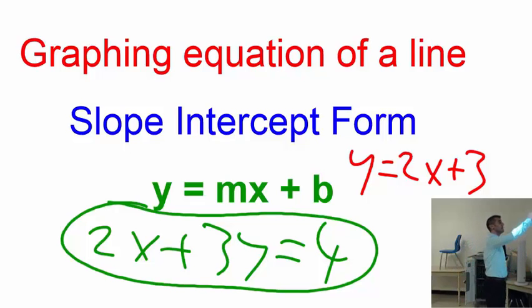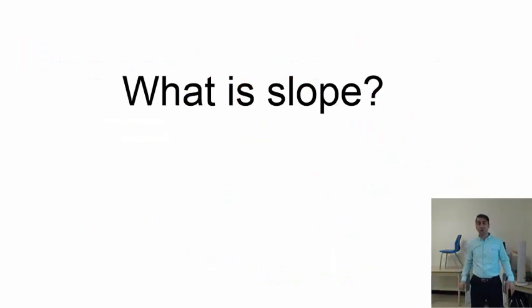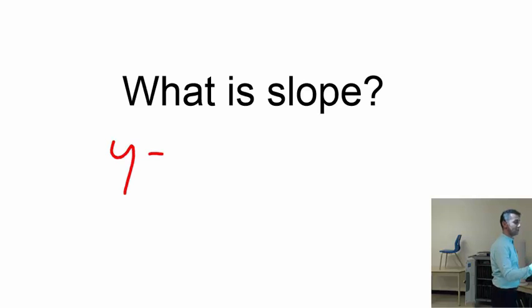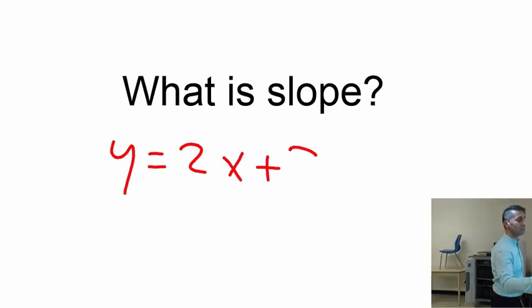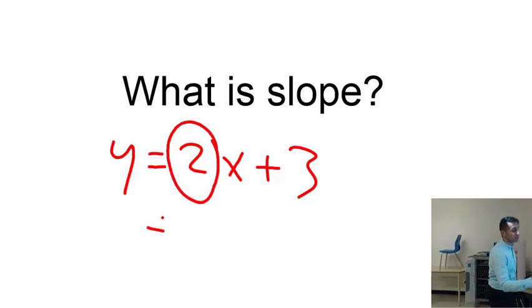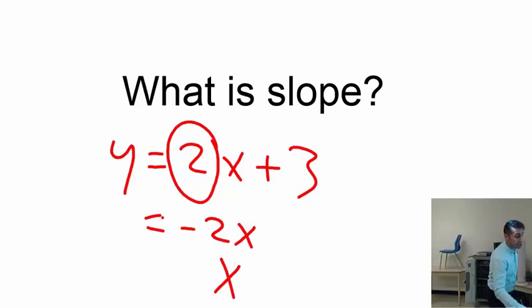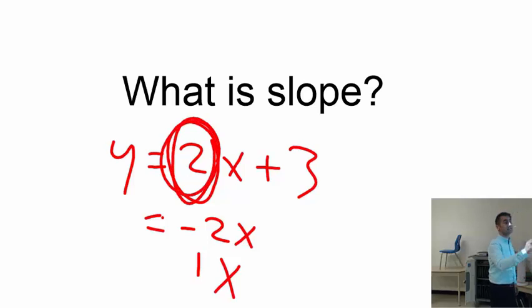Before we go on, let's talk about slope. In y equals 2x plus 3, the slope is the number in front of the x. Sometimes it can be a negative number, sometimes it can be no number, which means 1, but it's always in front of the x.